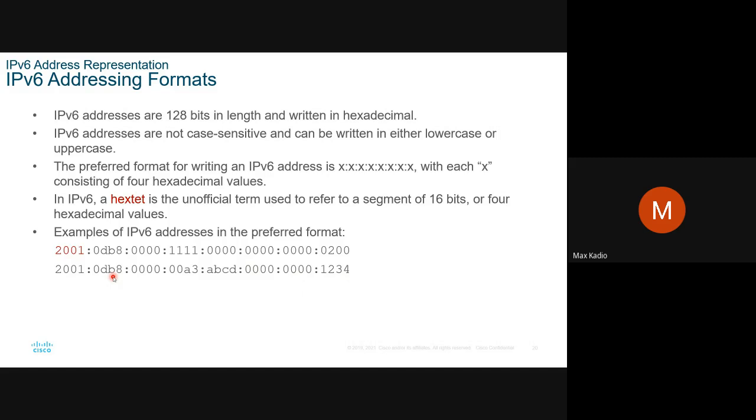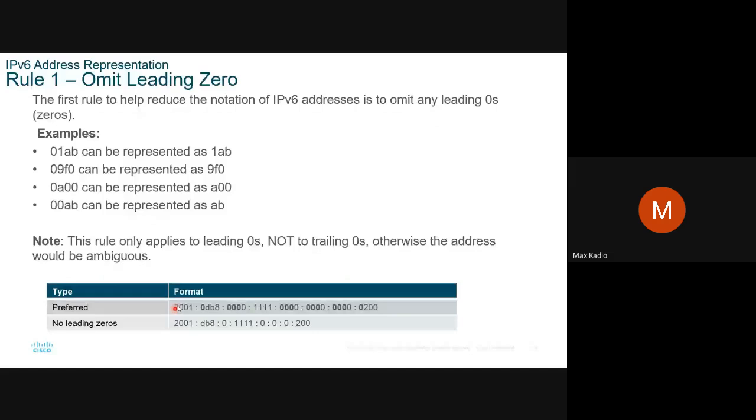Now, because it's too long, we have some rules to make it short. Omitting leading zeros means we can remove zeros that are in front of a number. If you take, for example, 2001, there is no zero in front, so we cannot make it short, we keep it.